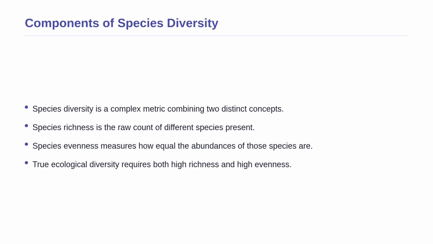The second part is species evenness. Species evenness measures how equal the population sizes of those species are. A community where all species have roughly the same number of individuals, like our Forest B, has very high evenness. True ecological diversity requires both high richness and high evenness working together.